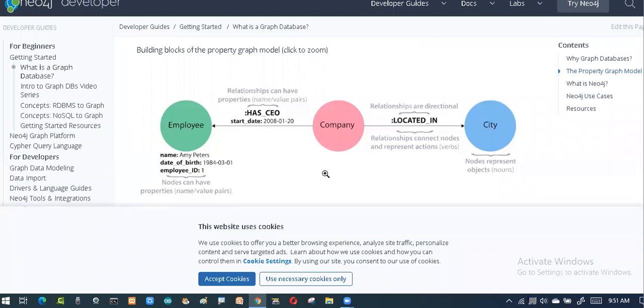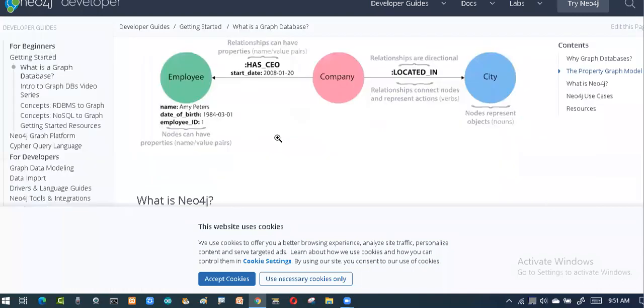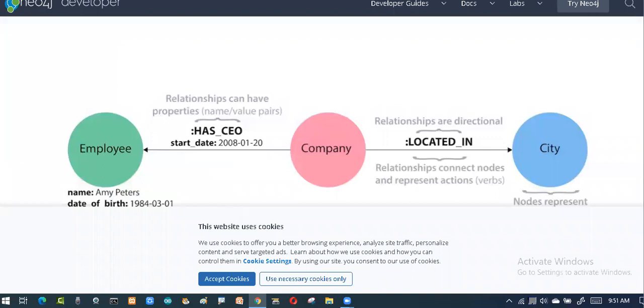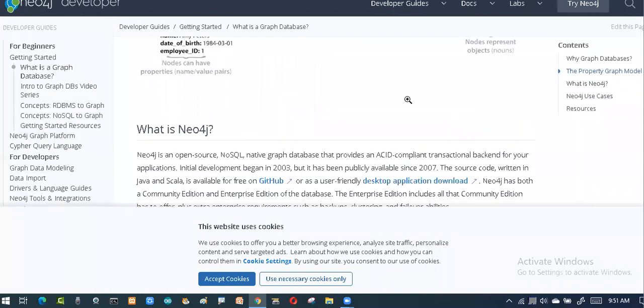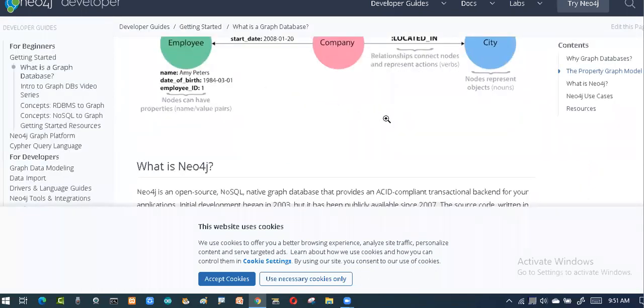Now when I go for the employee, you can see here what is happening. I have a name, a date of birth, and an ID. So nodes can have properties, names, and values.